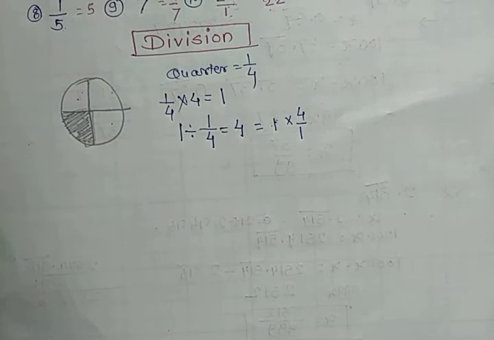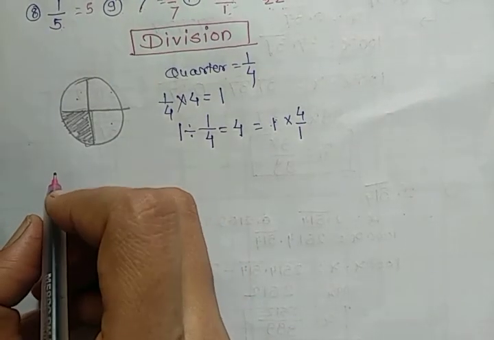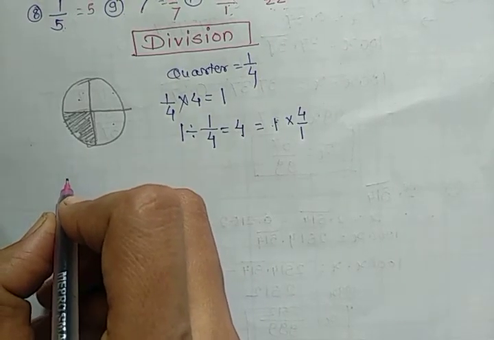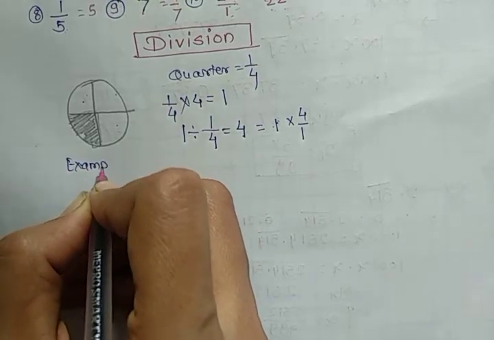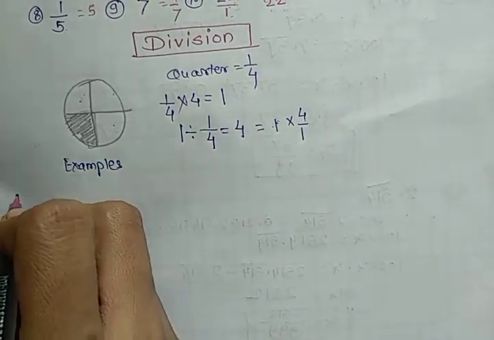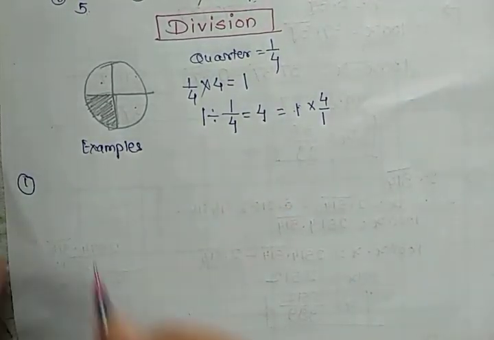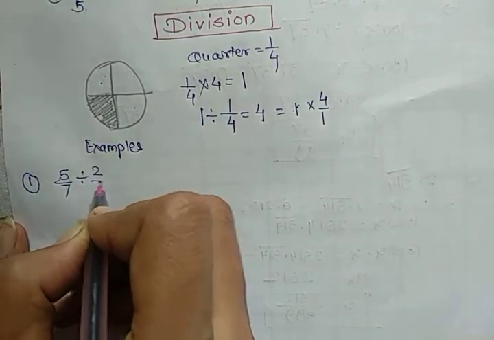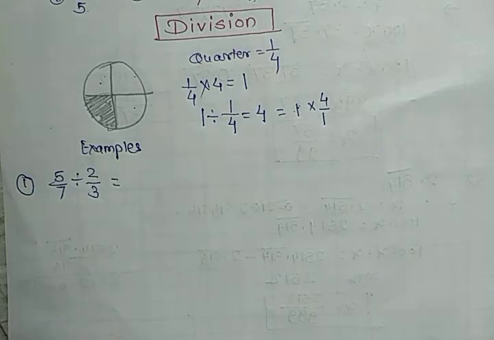Let's see more examples here. The first example is 5/7 divided by 2/3. Let's see, first convert this division into multiplication.